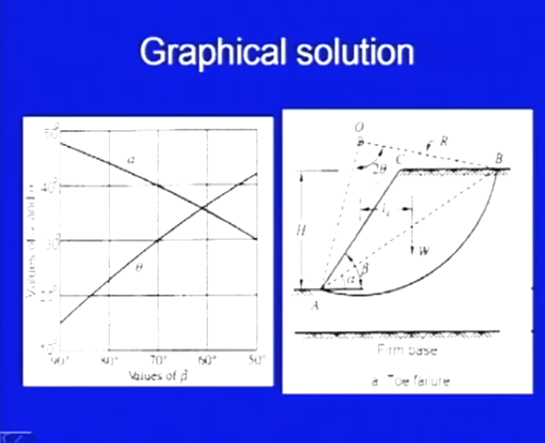Once you get this theta and alpha, now you can very easily draw this triangle. You draw a line at an angle alpha, get point B, and then this angle is 2 theta, you can very easily get this angle, and then you can draw this triangle and get the center, and then the rest of the analysis can be done very easily.